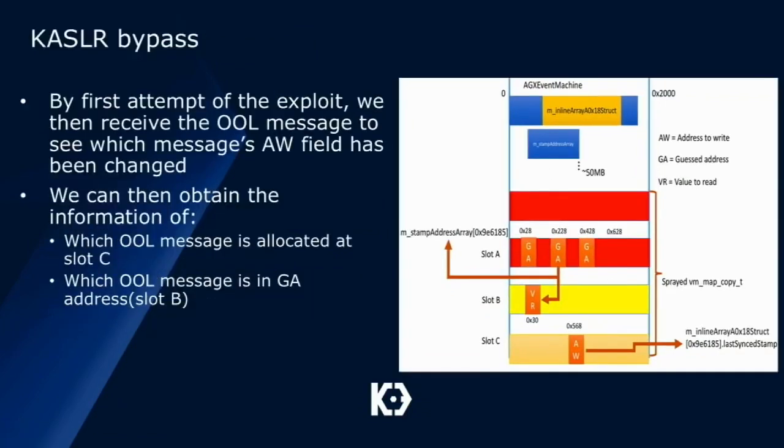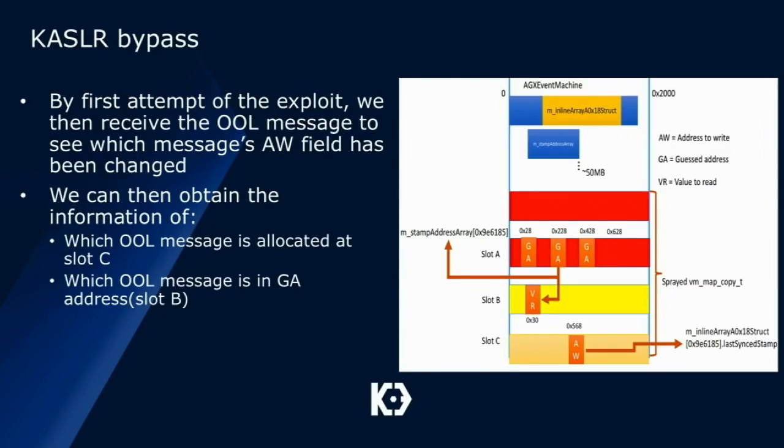In the first attempt of the exploit, we then receive the OOL messages to see which message's AW field, the address-written field, has been changed. By checking the new value in that address, we can obtain two very important pieces of information.